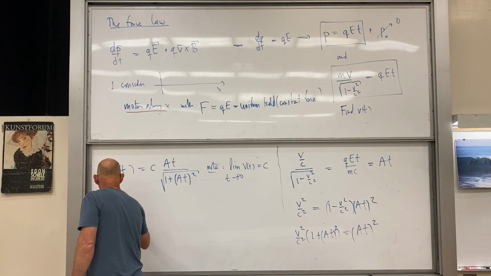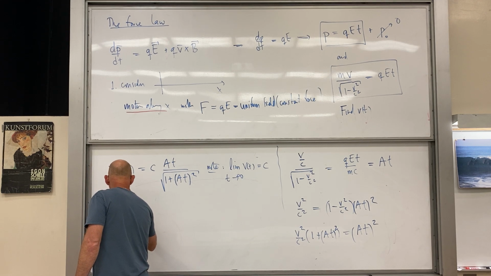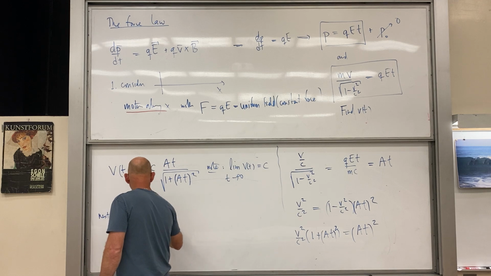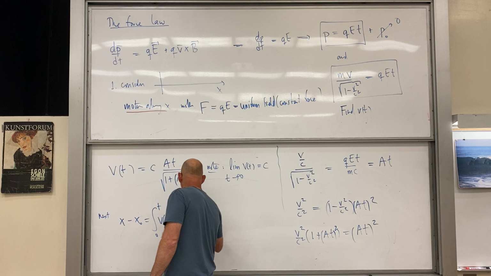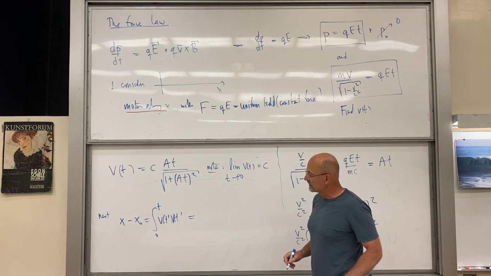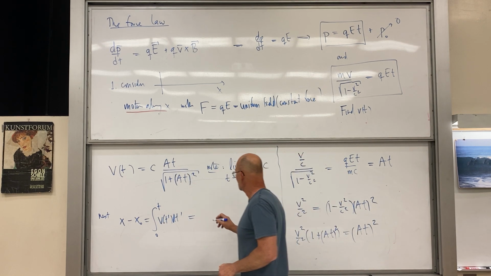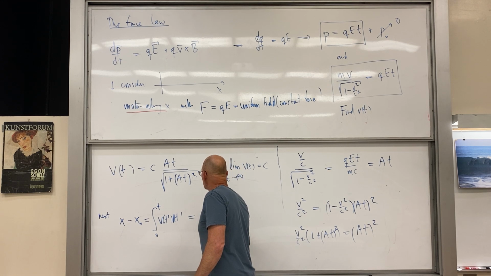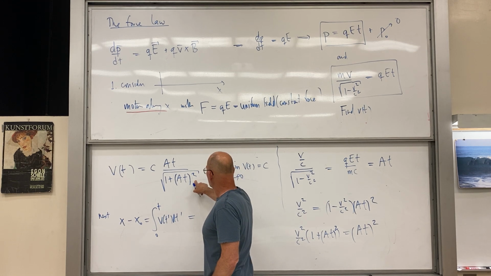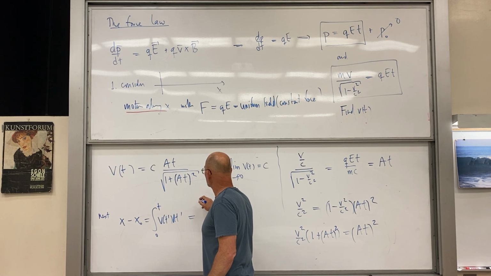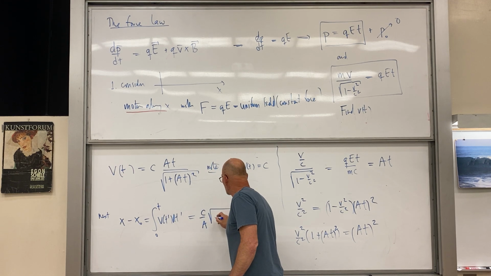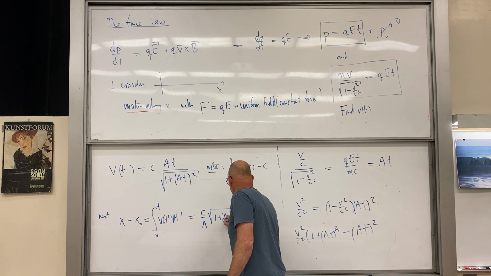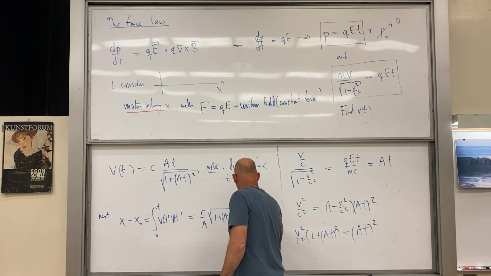Good, so there's that. Let's also integrate this now. So next, we're going to have x minus x naught is equal to the integral of v of t prime dt prime. And when we integrate this, we're going to have the square root of 1 plus (at) squared from 0 to t.